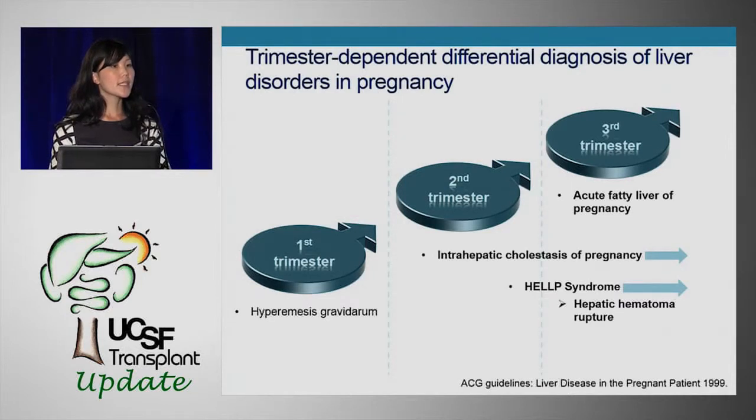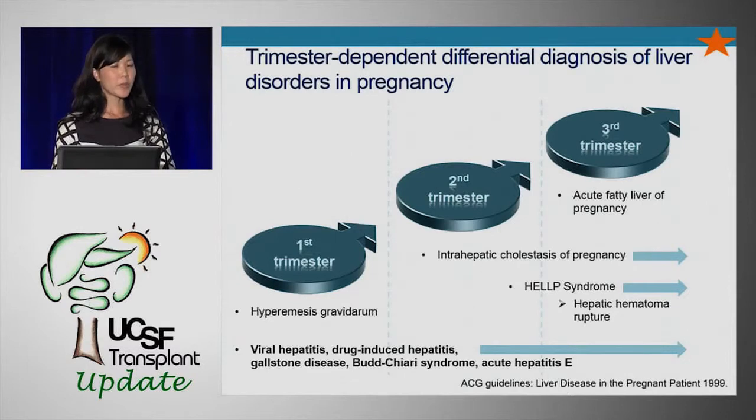But of course, what makes the diagnosis of abnormal liver tests in a pregnant woman so difficult is that pregnant women can get diseases that are not just unique to pregnancy, but diseases that are common to them in non-pregnant states, such as viral hepatitis, drug-induced hepatitis, gallstone disease, Budd-Chiari syndrome, and acute hepatitis E, and those can occur at any time during the pregnancy.